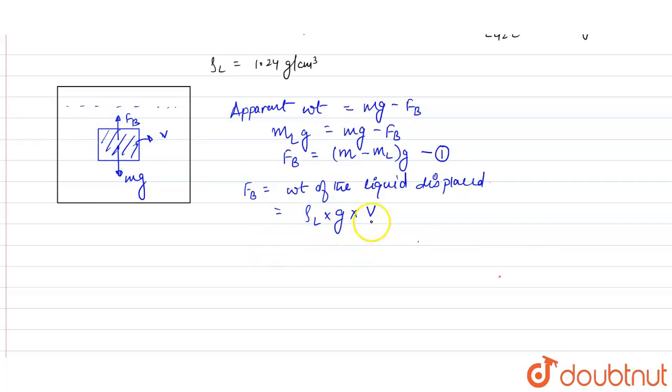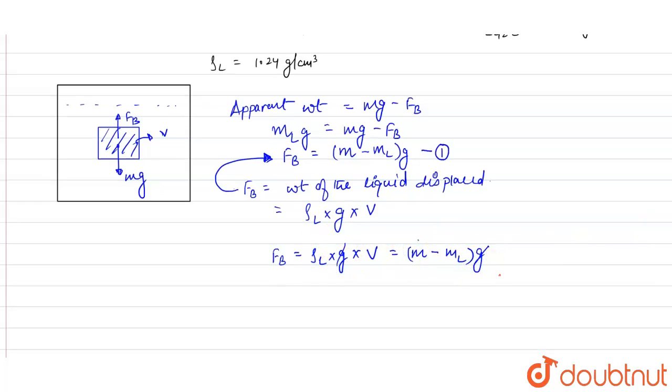Now substituting this into equation number 1, buoyancy force is density of liquid into acceleration due to gravity into the volume of the block, equals mass of the block minus mass of the block in liquid into acceleration due to gravity. From here, acceleration due to gravity will cancel, and the volume will come as mass of the block minus mass of the block in liquid, divided by density of the liquid.